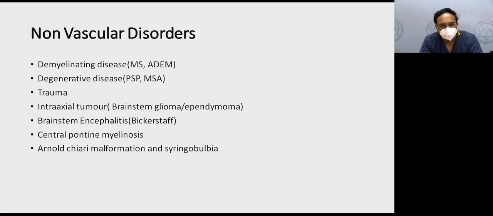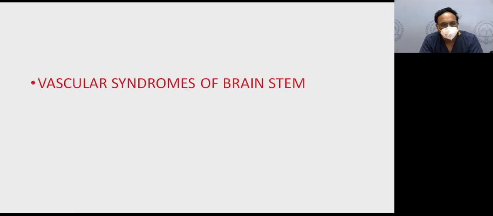If the patient has acute onset, you have to look more for vascular. If subacute, think more of inflammatory or infection. Whereas in chronic, you can think of tumor and nutritional causes. Most common is the vascular syndrome.